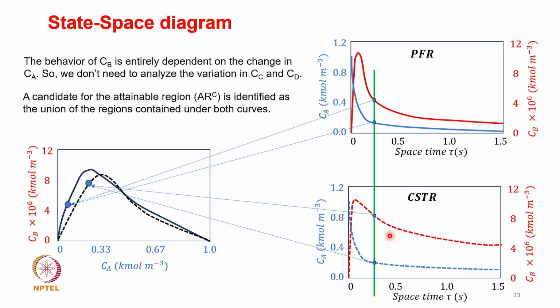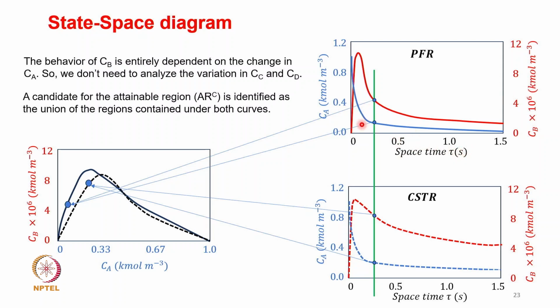So, now we draw something known as a state space diagram. So, let us start from here. This is the plot of concentration of A on this axis, and concentration of B on this axis, as a function of space time.